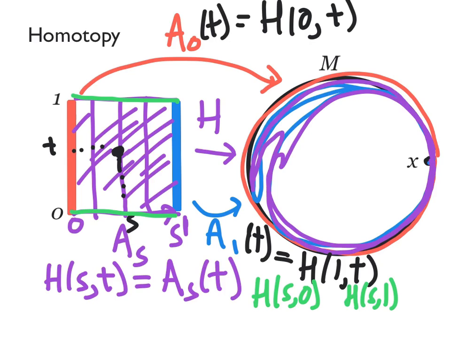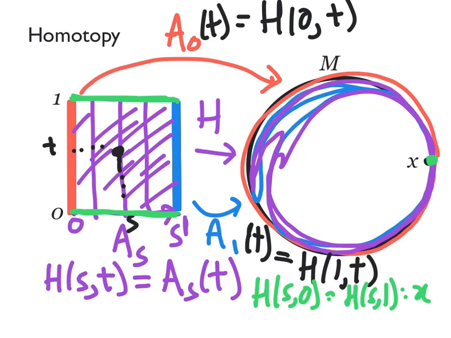In other words, that's the points as of 0 and as of 1. In other words, it's the base points of the purple paths. And they're all based at this point x. So actually hs0 and hs1 both equal x. So this whole green edge at the bottom and the whole green edge at the top map just down to this one point, this green point called x.